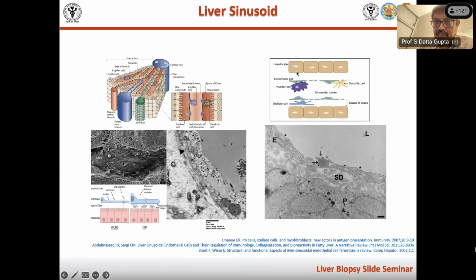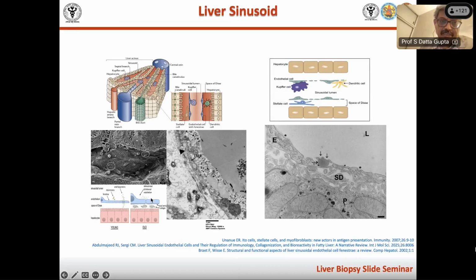Now, in between this endothelial lining and the hepatocyte, there is a space. That space is called the space of Disse. In the space of Disse, only one cell is present, that is the fat storing cell of Ito, or stellate cell. Only one cell.